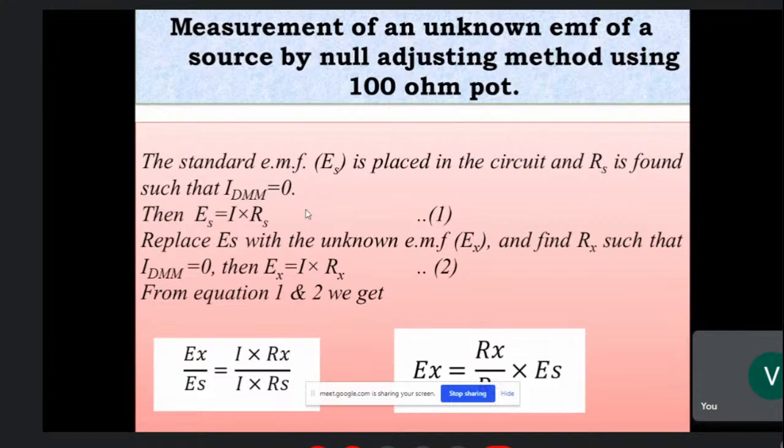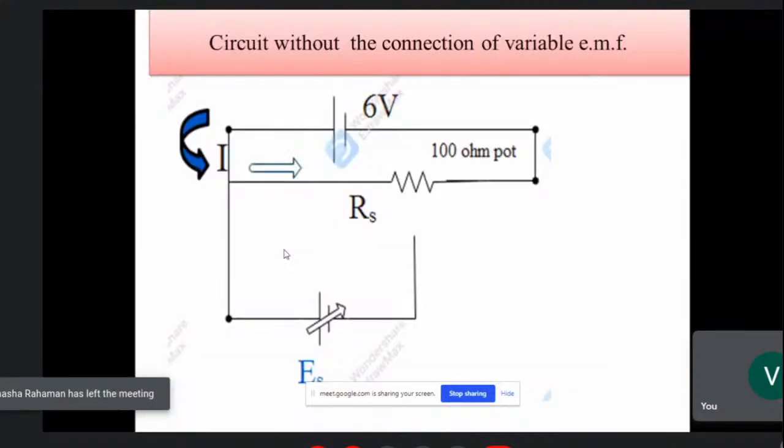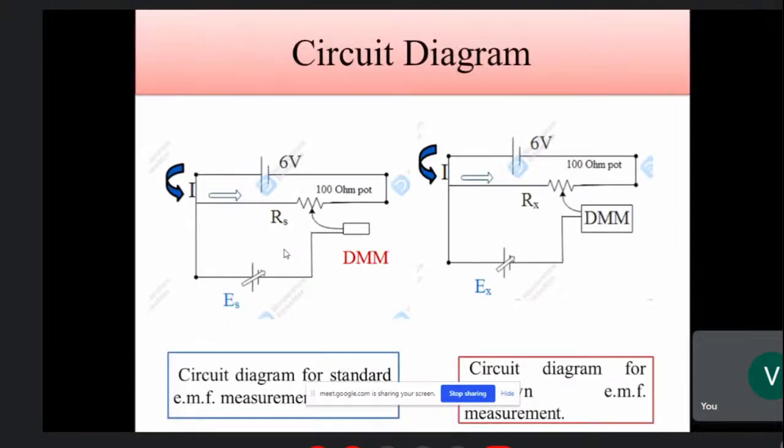Then this is the relation which first we have to figure out.